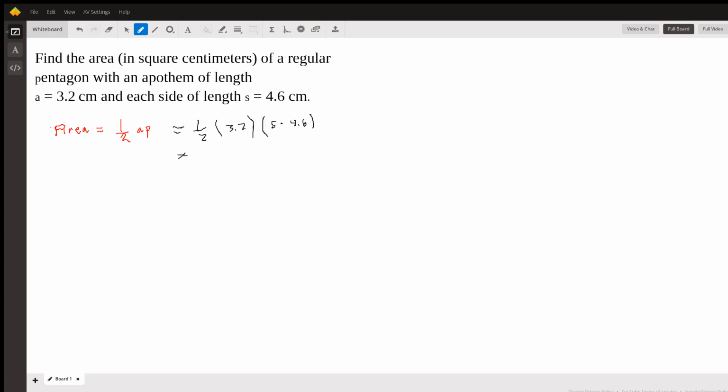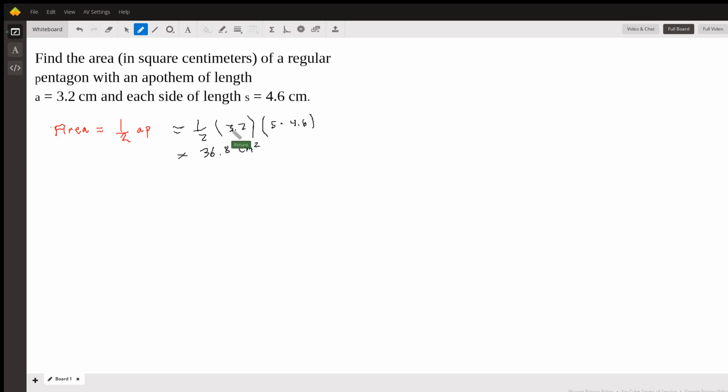So 0.5 times 3.2 times 5 times 4.6. So this gives me 36.8, and this is centimeters squared.